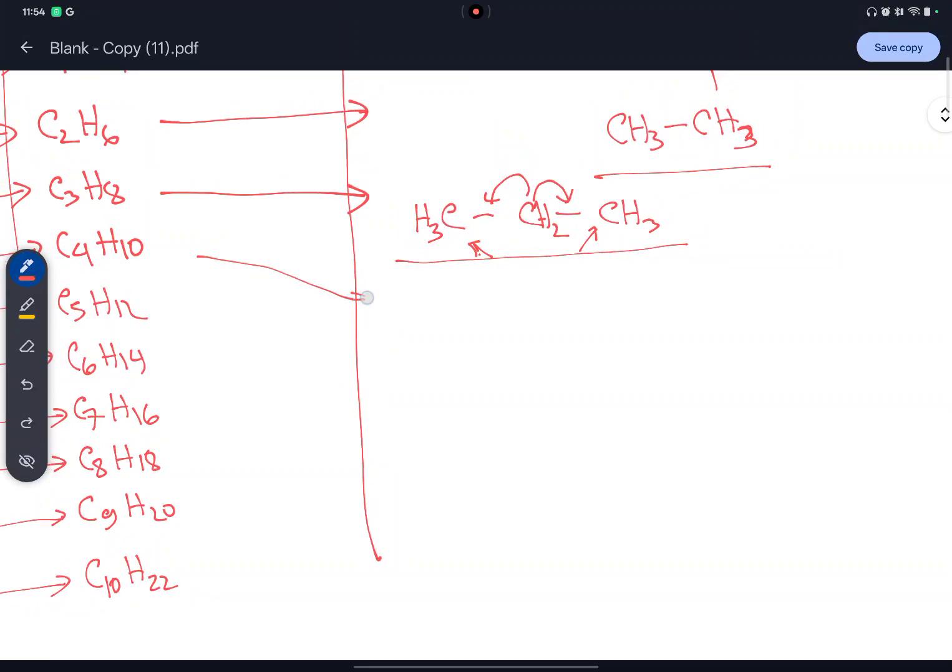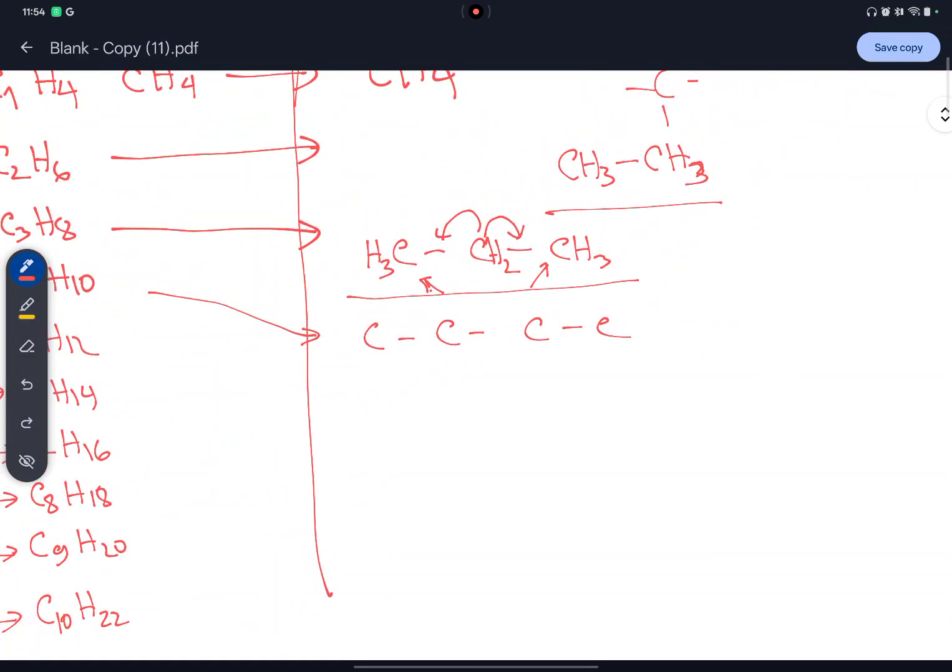Let's move to butane. Butane is 4 carbon atoms, C, C, C, C. Add a single bond between them. So this one will be CH3. Can you predict how many hydrogens will be in here? Answer is 2, because it already made 2 covalent bonds.